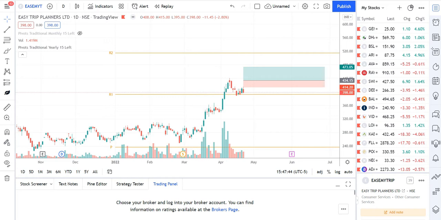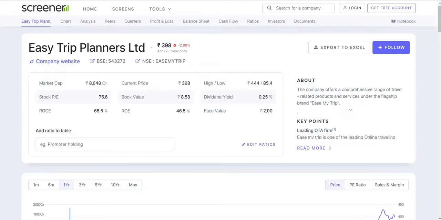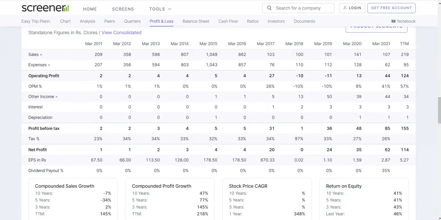First, we do fundamental analysis, but we don't have to go deep. What we will check is whether the company is making profit or not. For example, I have Easy Trip Planners here. Go to screener.com, check Easy Trip Planners, and go to the profit and loss statement.